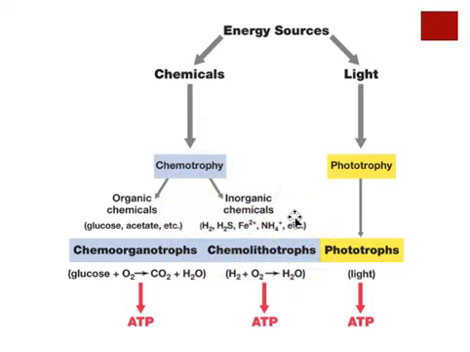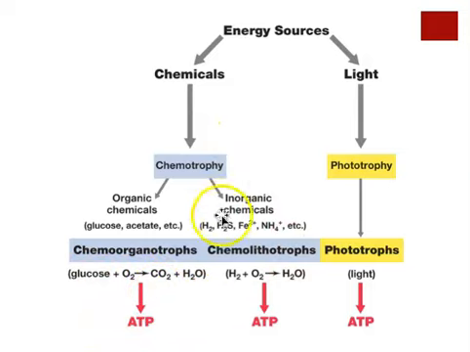If a chemotrophic microbe harvests energy from organic chemicals, we can call them chemoorganotrophs. They're going to take the energy that they harvest from molecules like, say, glucose, and they're going to use that energy to build, again, ATP.